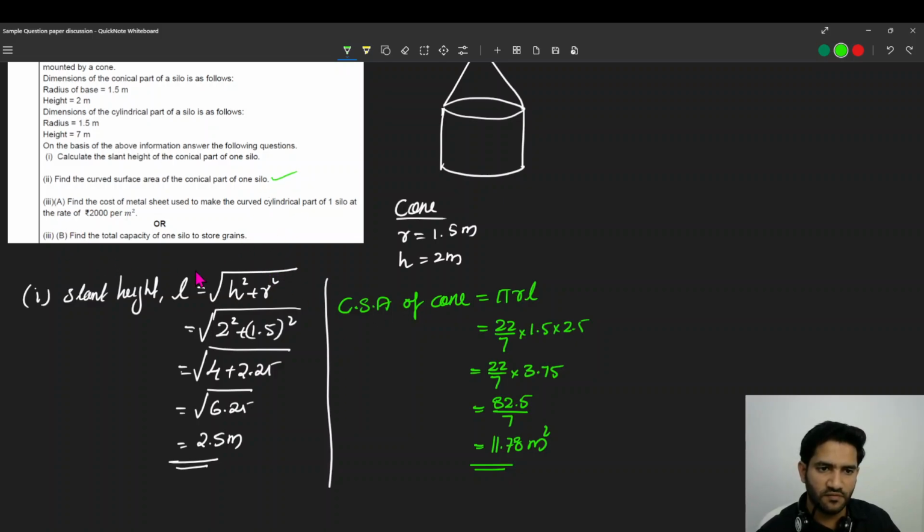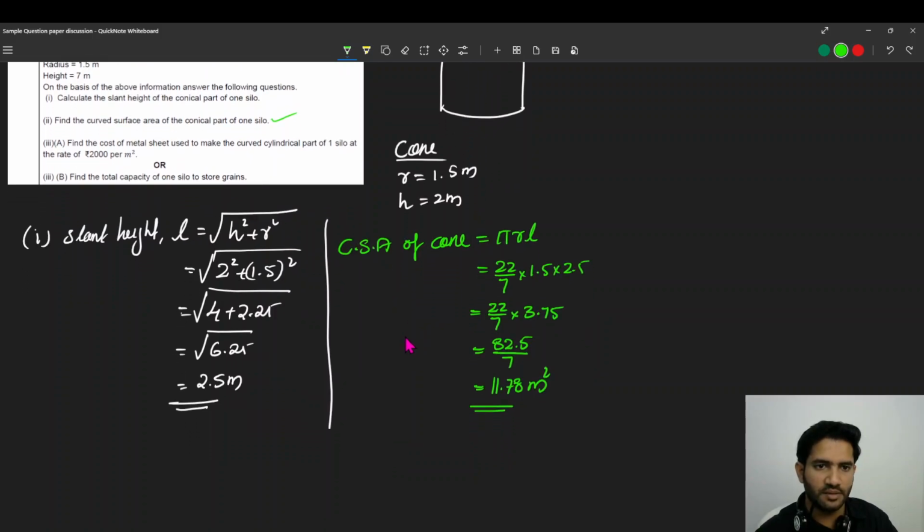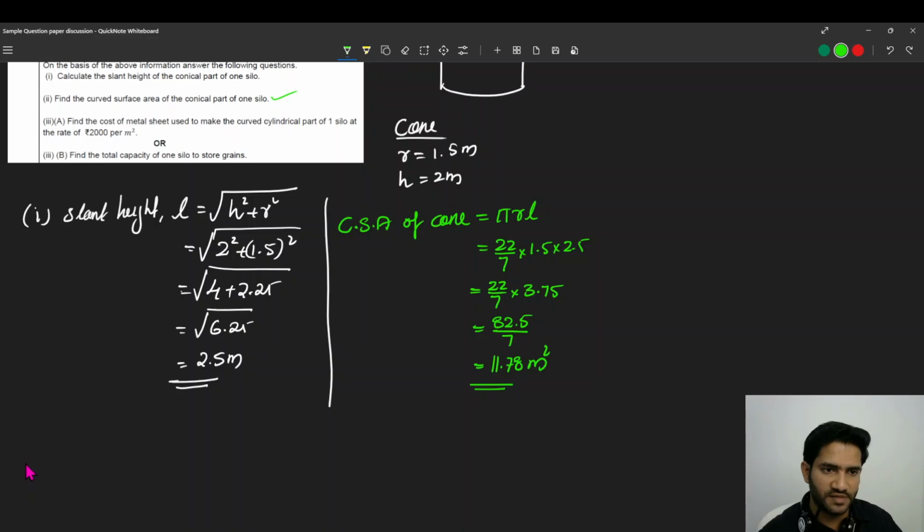Now find the cost of metal sheet used to make the curved cylindrical part of one silo at the rate of rupees 2000 per meter square. That means find the CSA of the cylinder.